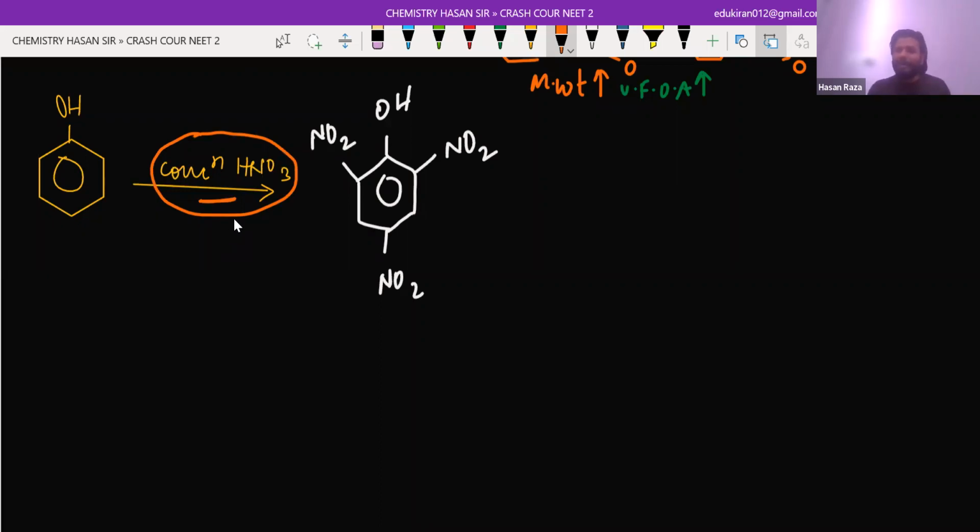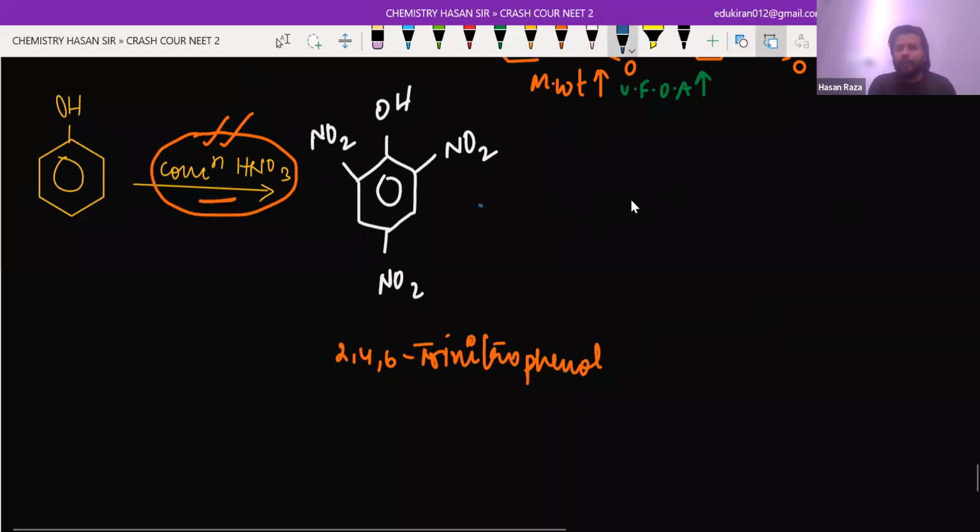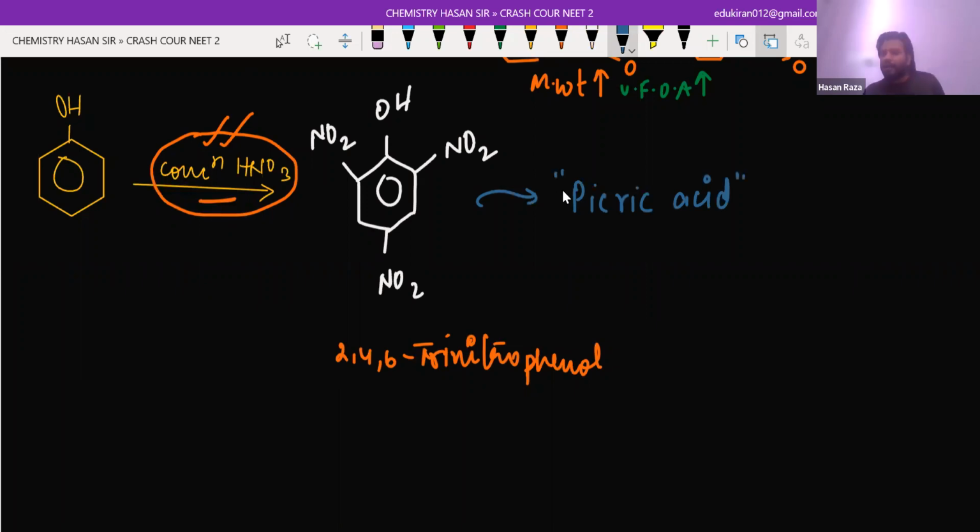That's why the NO2 plus generated from this reagent will be more, and it will attack at ortho, para, and ortho, giving 2,4,6-trinitrophenol, which has a common name that is quite famous in organic chemistry, and that is picric acid. Always remember this name. Some common names are very important, like salicylic acid. In the previous class we discussed salicylaldehyde, and this is picric acid, which is very important.